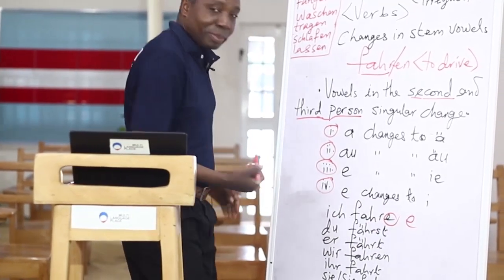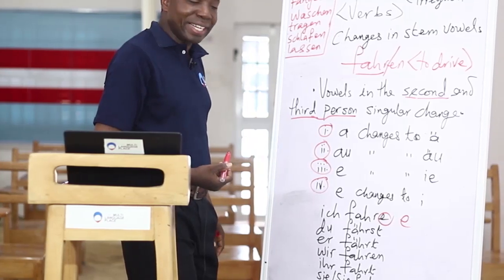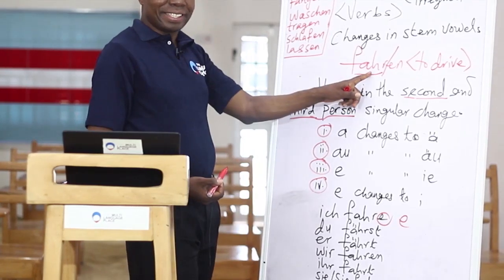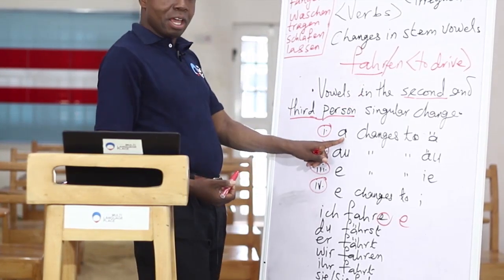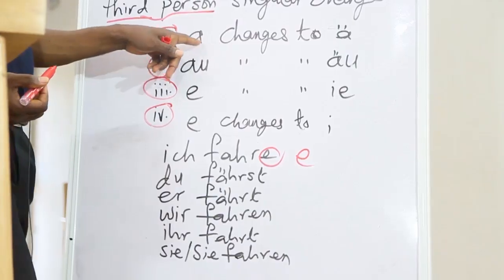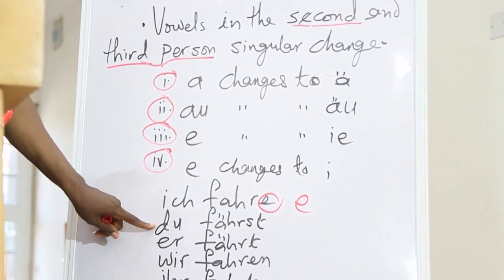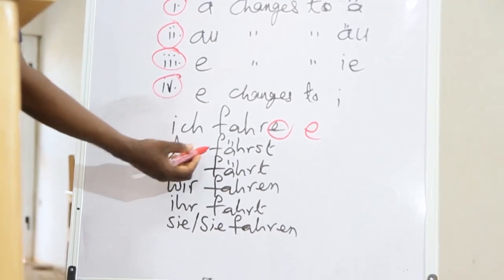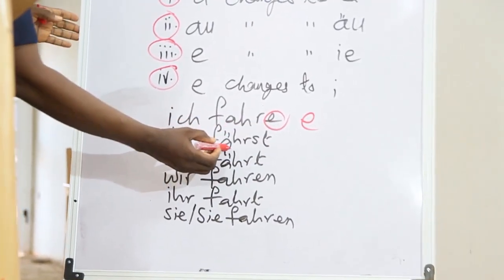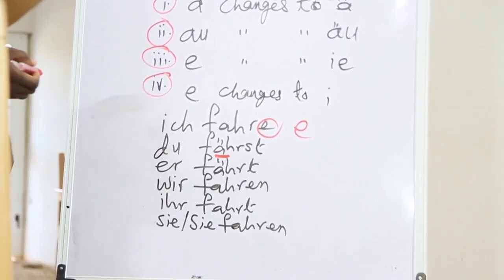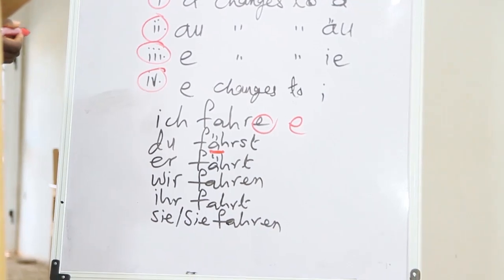Du fährst. Something has happened here now. Du fährst. Remember, this is the stem, but the A of the stem has changed to A with umlaut in the second person singular. So we have du fährst.